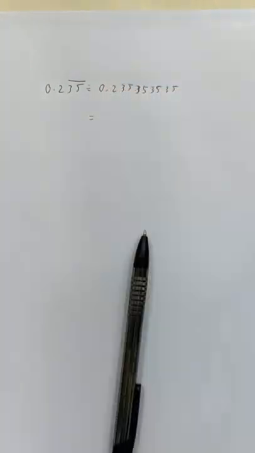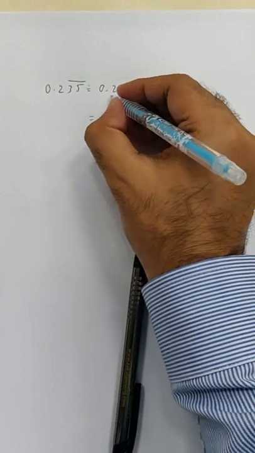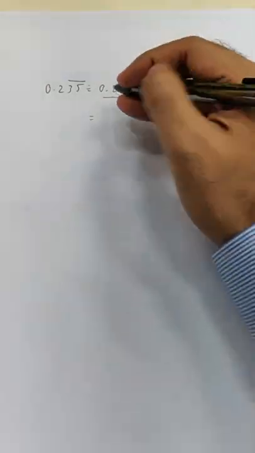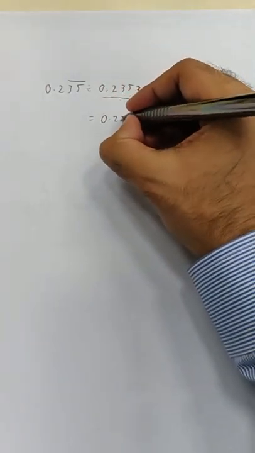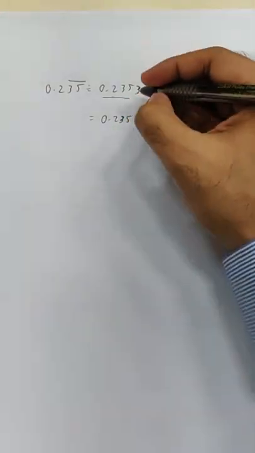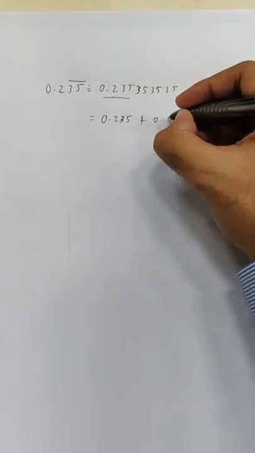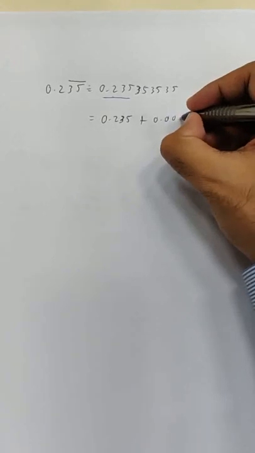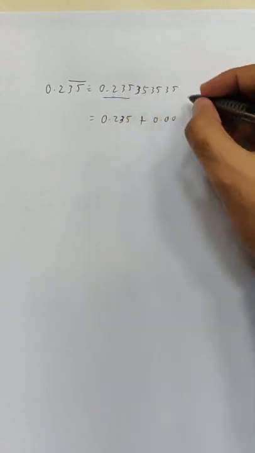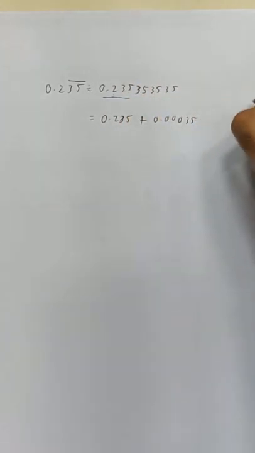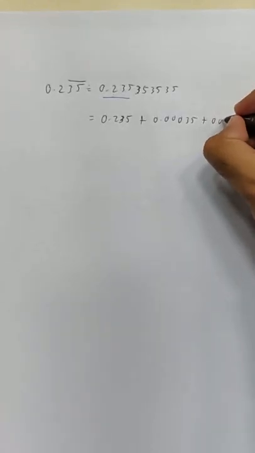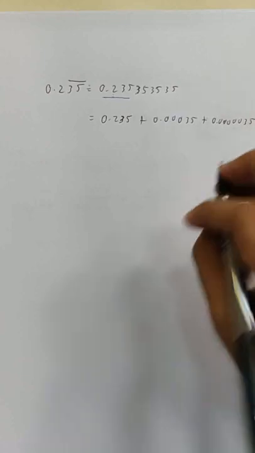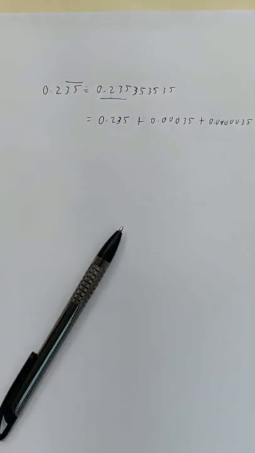If we do like just now, we take 0.235 and then add 0.00123 plus and so on. But there's a small catch this time.